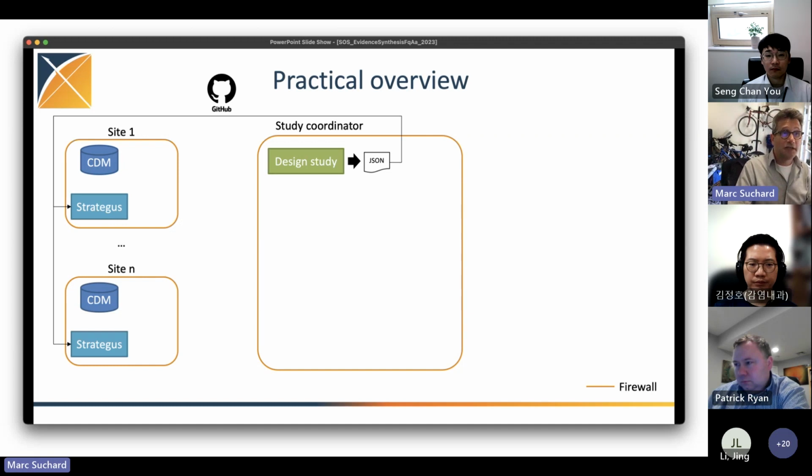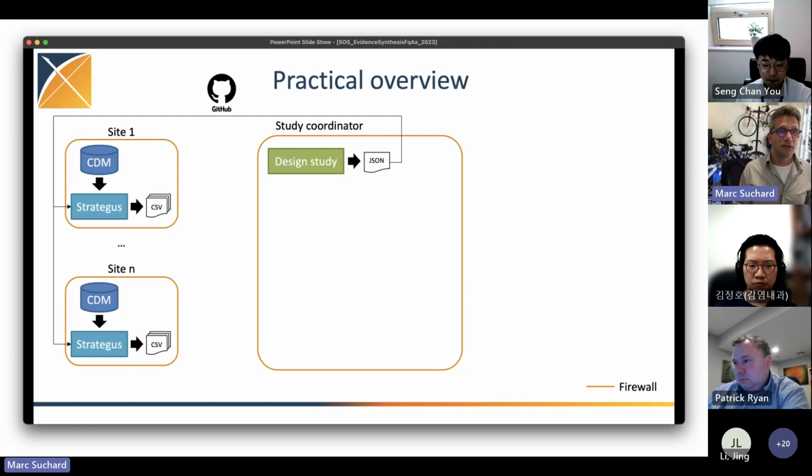The way that we're currently sharing that is through GitHub, although one doesn't have to. There could be better mechanisms that will arise in the future. And this JSON gets ingested by a new package developed by Anthony Senna called Strategist.